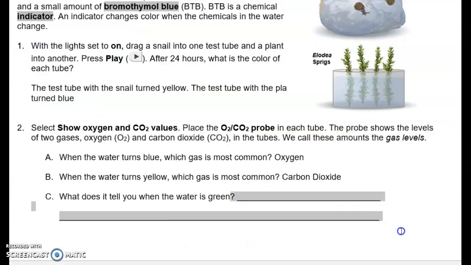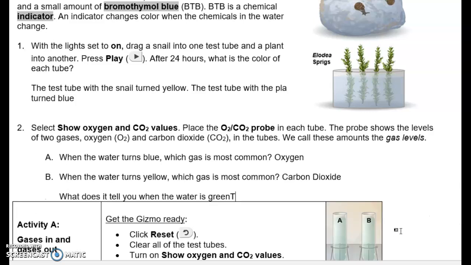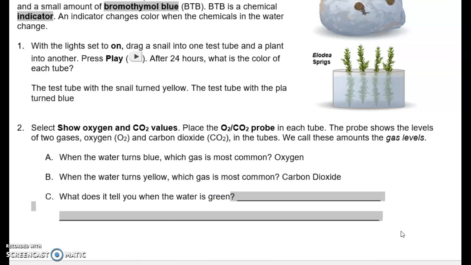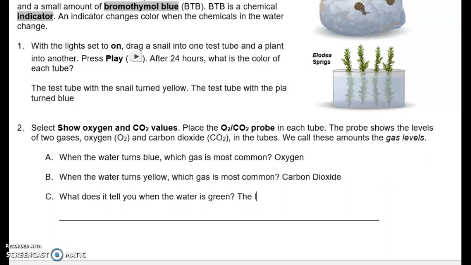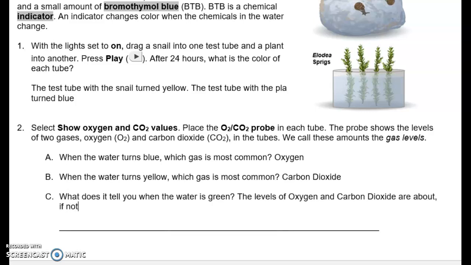So for question C, the levels of oxygen and carbon dioxide are about, comma, if not, comma, equal, period.